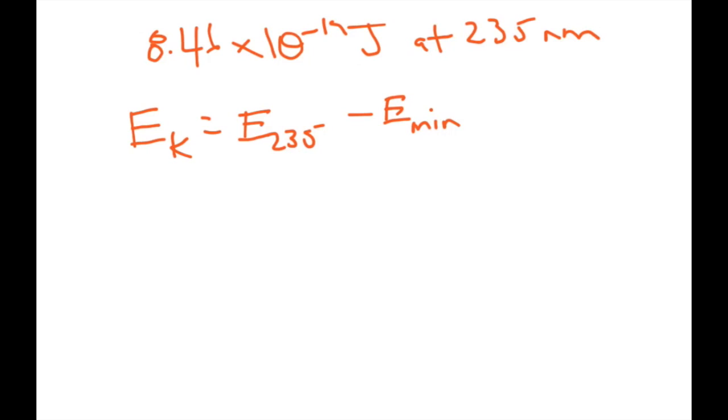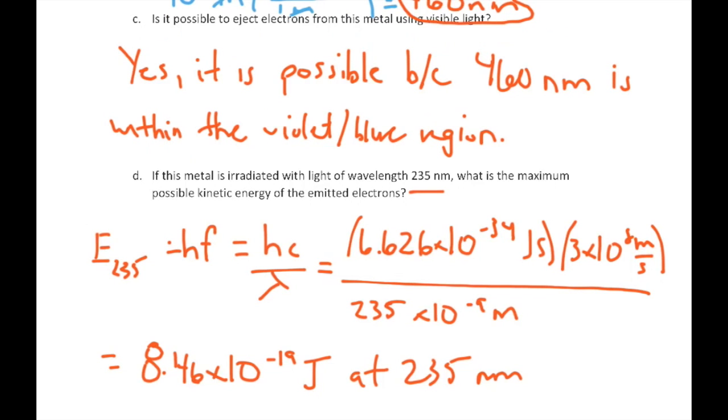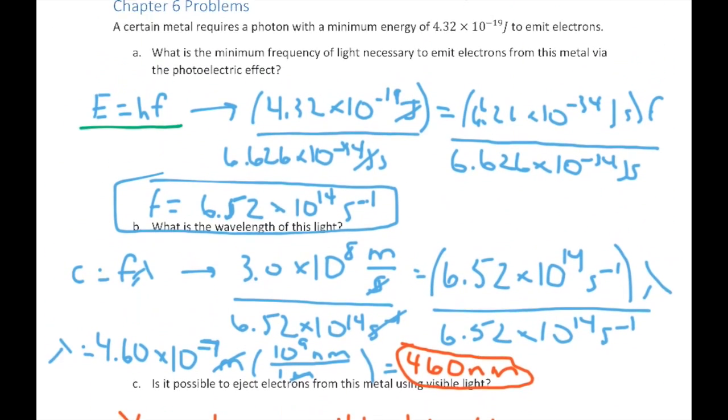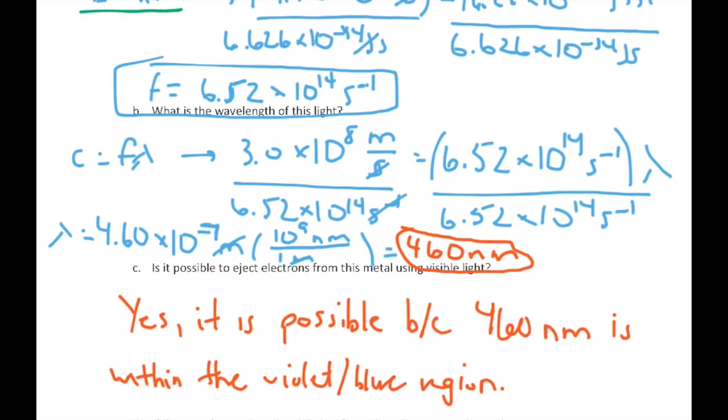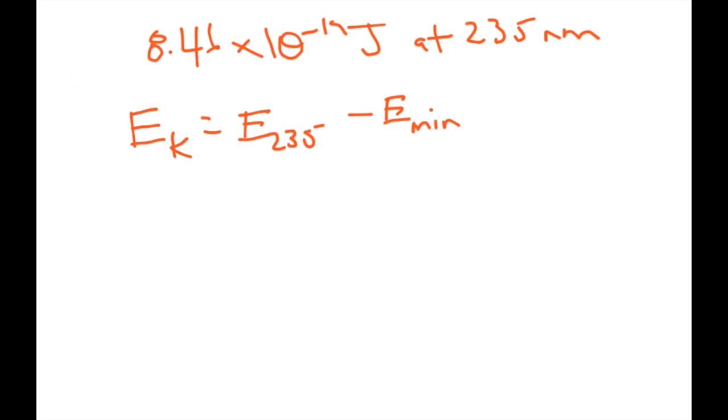And when we look back here, that value is given here. The minimum energy, 4.32 times 10 to the negative 19.